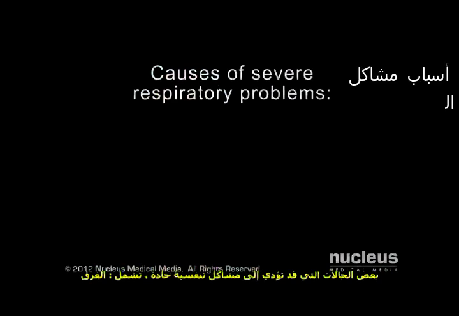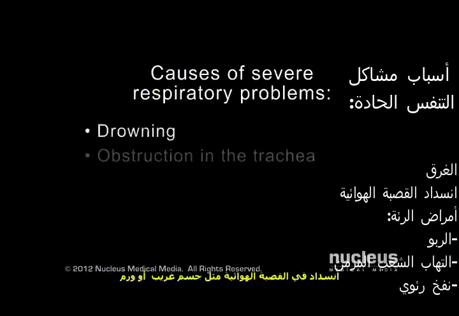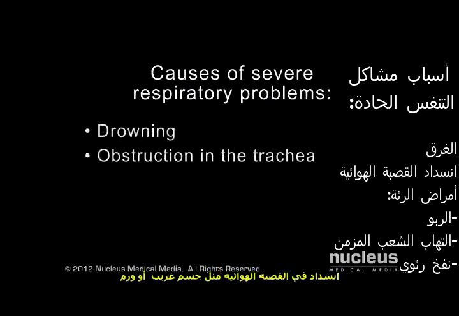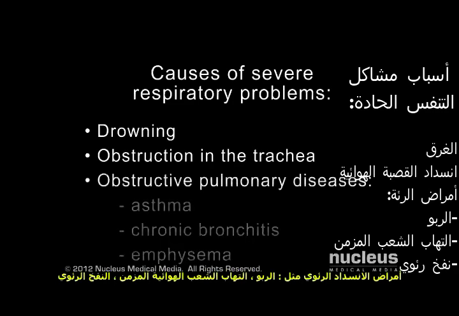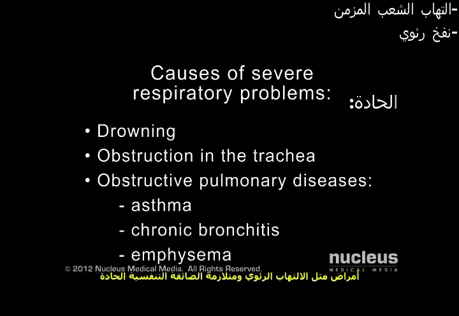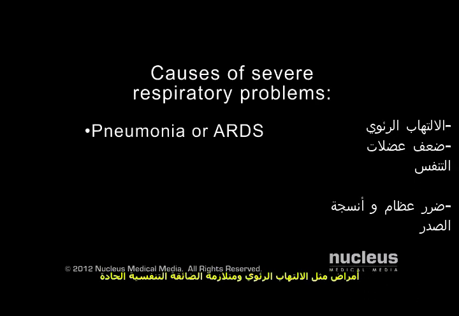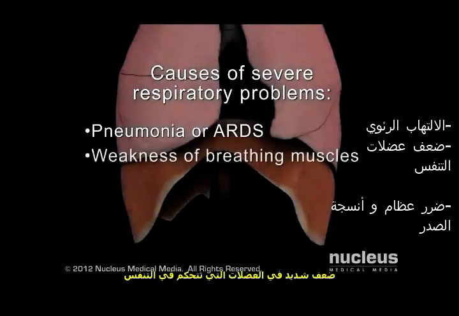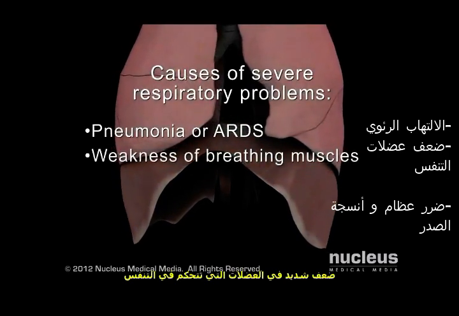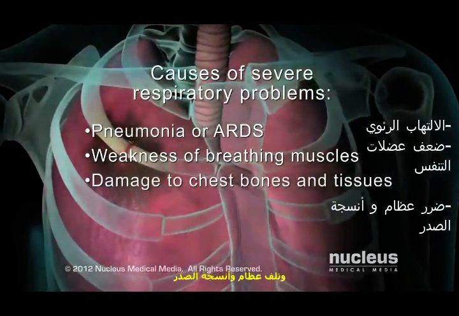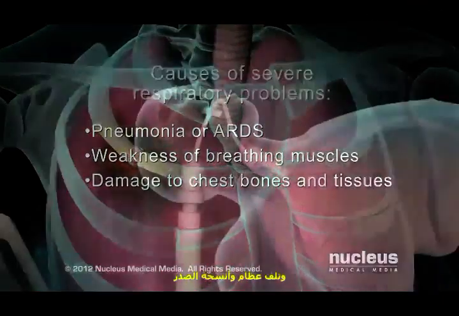Some conditions that may lead to severe respiratory problems include drowning, an obstruction in the trachea such as a foreign object or tumor, obstructive pulmonary diseases such as asthma, chronic bronchitis, and emphysema, diseases such as pneumonia and acute respiratory distress syndrome, or ARDS, severe weakness of the muscles that control breathing, and damage to the bones and tissues of the chest.